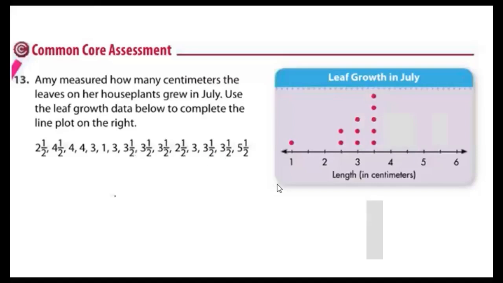Yes, represented by 5 dots. Now the following value will be 4 after 3.5. How many 4s do we have in the statement? Just 2 consecutive 4s. So I'm going to represent them here by 2 dots over.